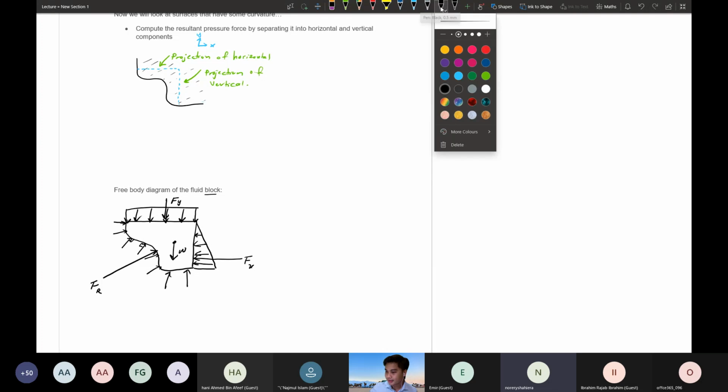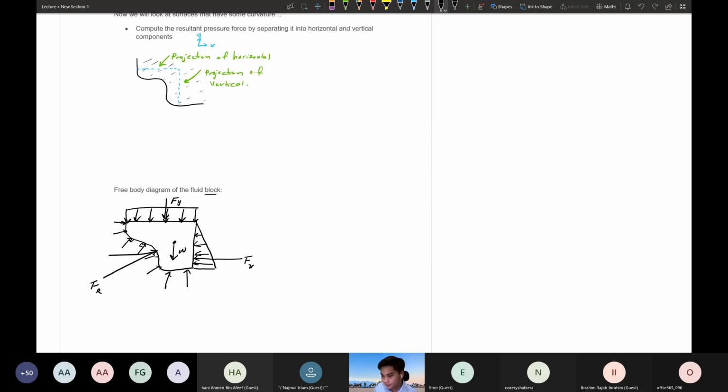Can you see this resultant force having the slanting direction? So we need to separate it into H and V components, right? So from here we separate FH and FV.